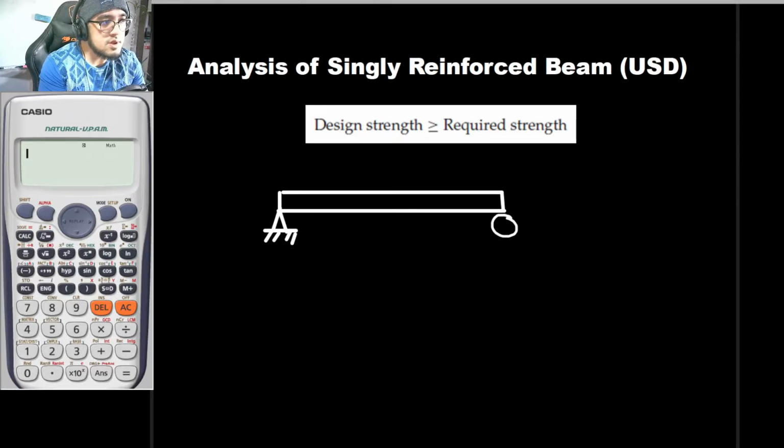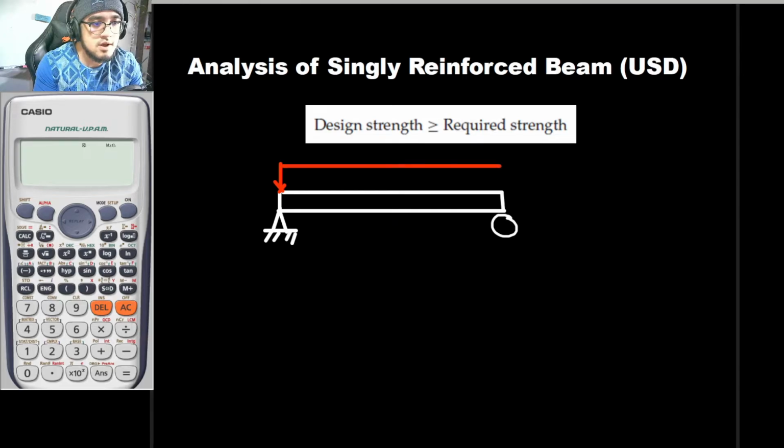If we subject this member with transverse load, let's say a uniformly distributed load, the tendency of this structural member is to bend in this particular manner. By deflection, this is its moment of bending.